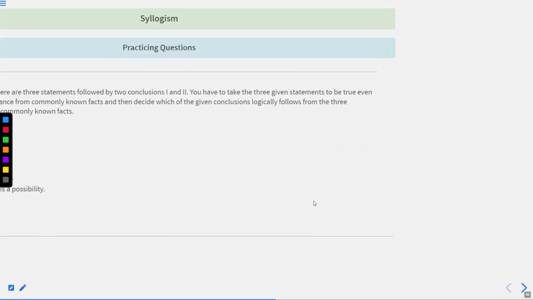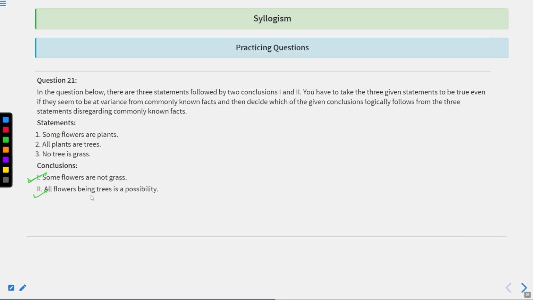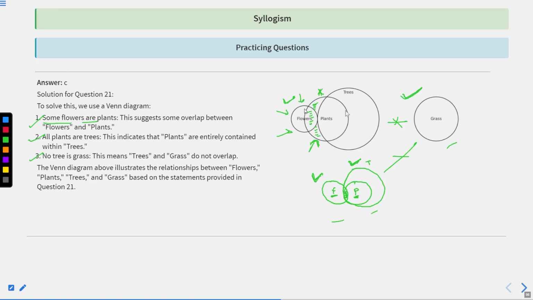So is it possible? Conclusion 2 is saying all flowers being trees is a possibility. What it is suggesting is that it may also be possible that there are flowers, and there are some flowers which are plants. Correct, this is the first statement. And all flowers are trees.